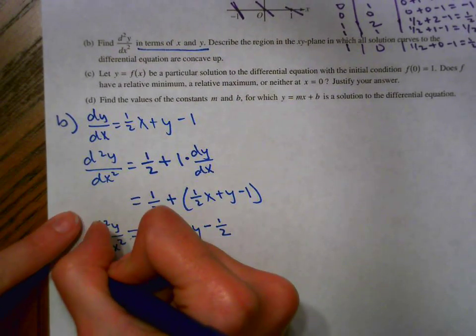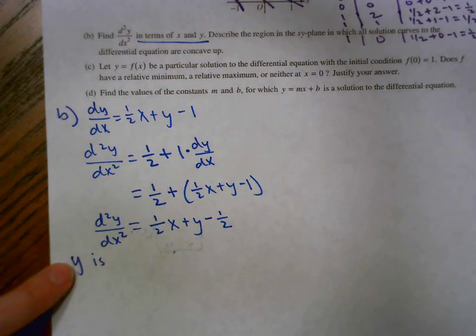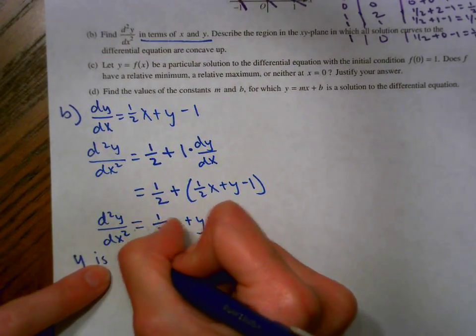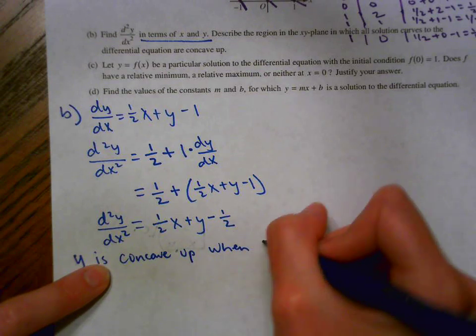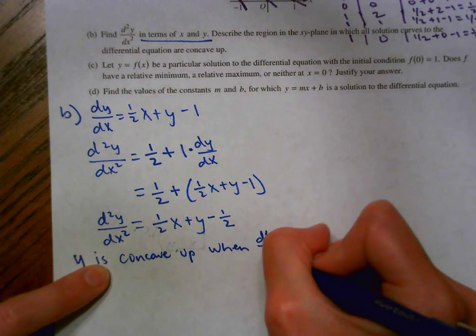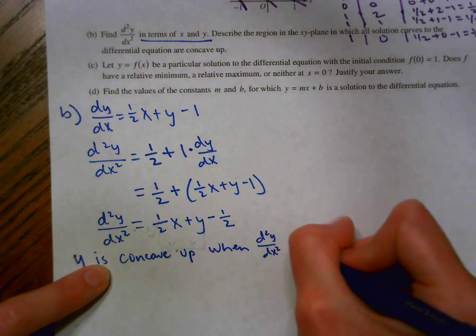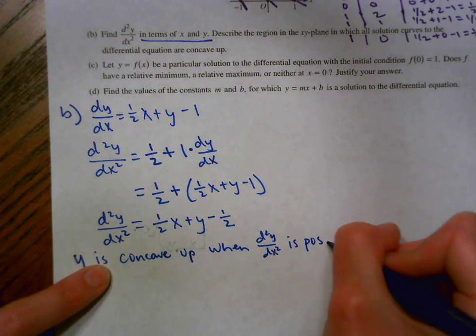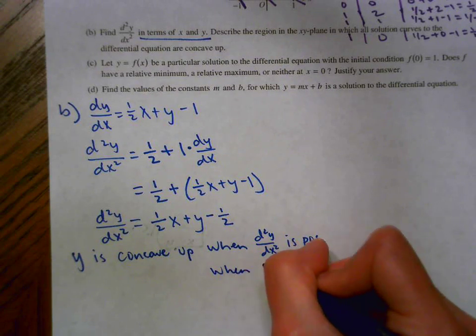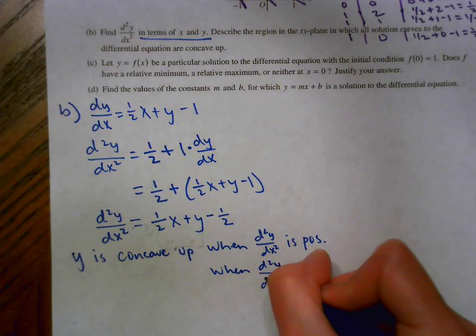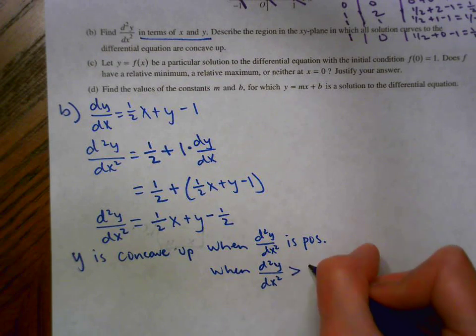So I'm going to write this out. y is concave up when the second derivative is positive. So what's another way to write positive? When the second derivative is greater than 0.